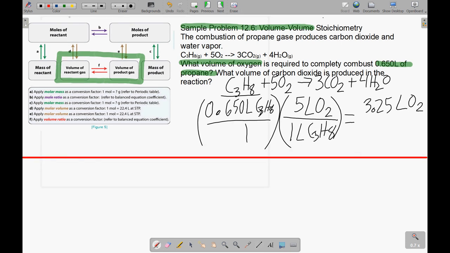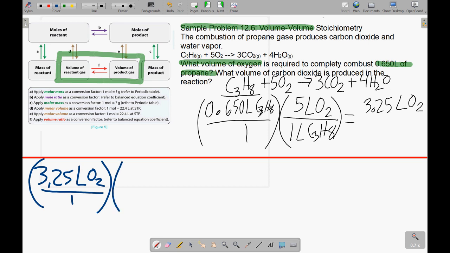Alright, so the second part of the problem is what volume of carbon dioxide is produced in the reaction. So if we have 0.650 liters of propane, how much carbon dioxide is produced? Now we could take the 3.25 liters of oxygen that we just calculated and use a volume ratio. And again, 5 liters of oxygen is in the ratio with 3 liters of carbon dioxide.